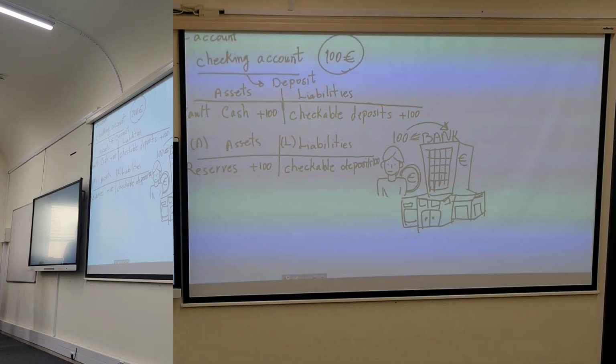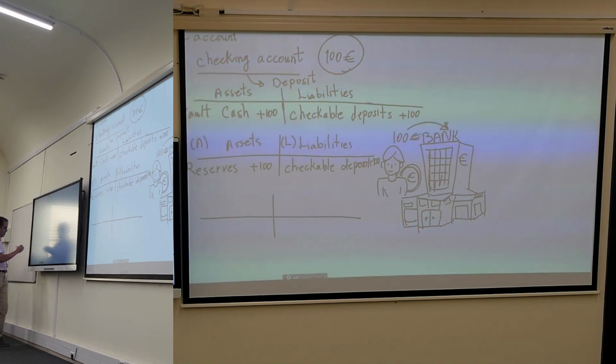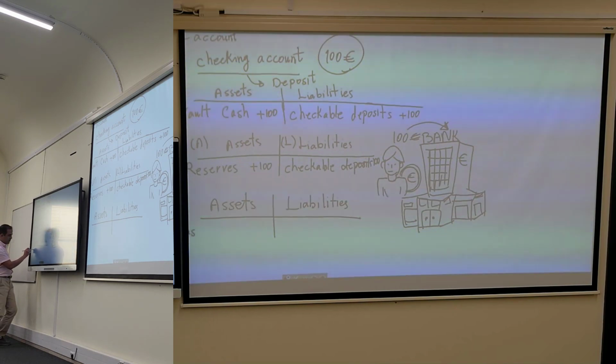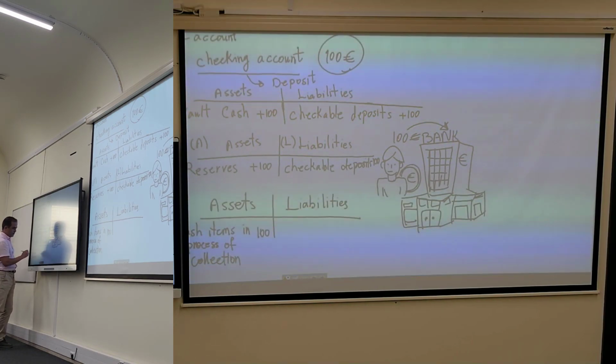The initial effect, or the first effect that we might see in the balance sheet of the bank, again, would be the cash items in process of collection, okay?